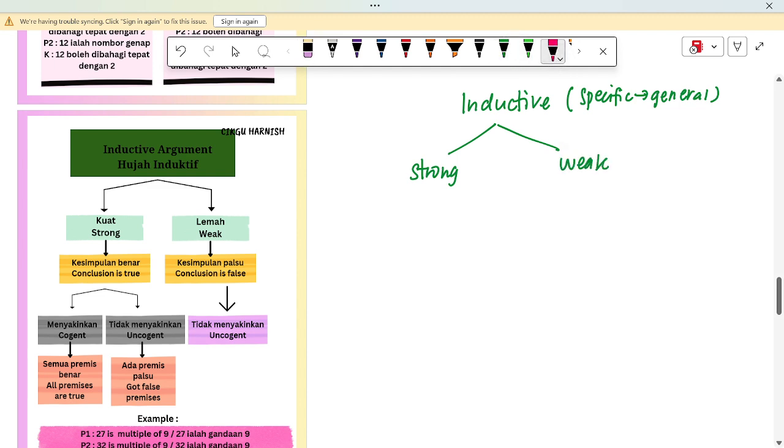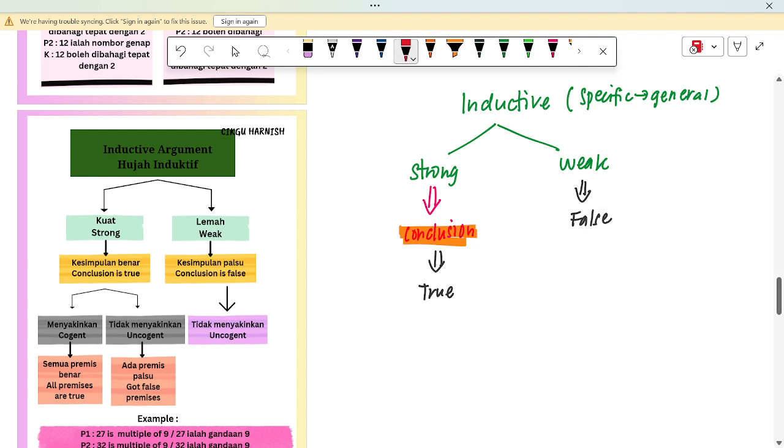Okay, how do you know it's strong? Directly refer to your conclusion. For inductive argument, they can ask you whether it's a strong inductive argument or a weak inductive argument. How do we determine whether it is strong or weak? It will be determined based on your conclusion. If your conclusion is true, then it's strong. If your conclusion is false, then it is weak.